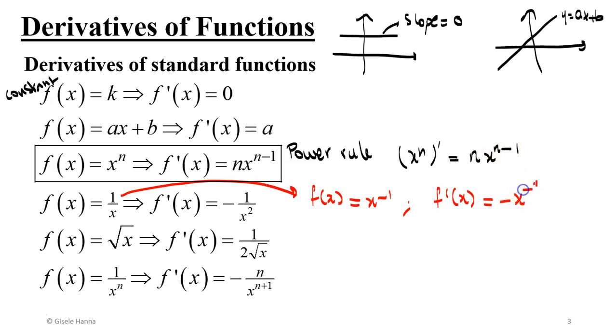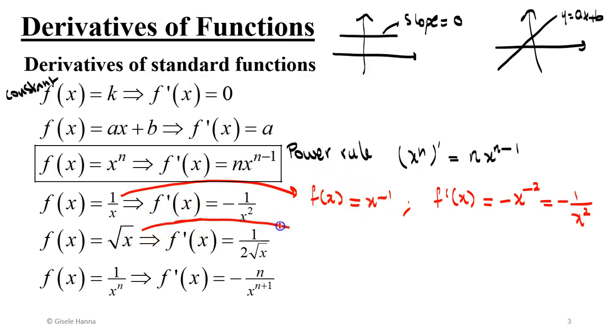Negative 1 minus 1 is negative 2, which is equivalent to negative 1 over x squared. So in fact, even if you have not memorized that the derivative of 1 over x is negative 1 over x squared, all I have to do is just know the power rule and then apply the power rule for n equals negative 1.